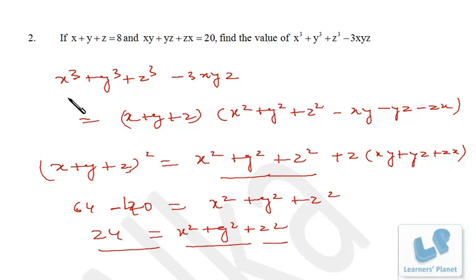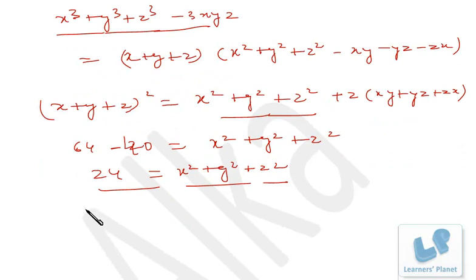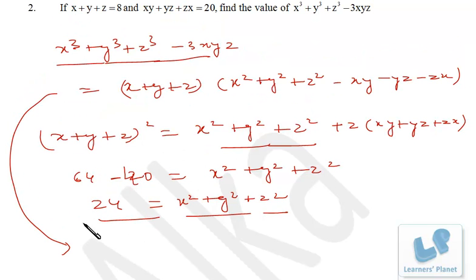Right? Now we have to find out the value of this expression. Now x plus y plus z we know, x square plus y square plus z square we know, and this expression, if we take minus common, we already have over here, right? So now what? X plus y plus z, I just do it over here. X plus y plus z is what? 8, right? So this is 8. X square plus y square plus z square is what? 24.